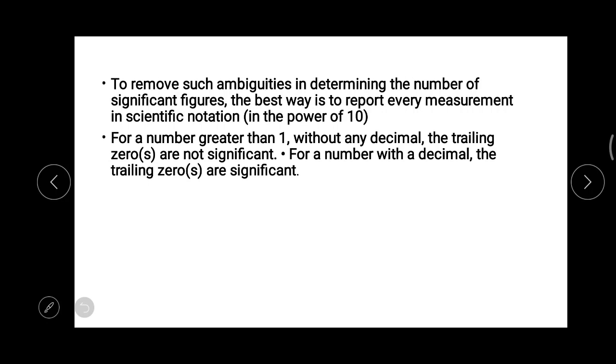If you represent the values in the power of 10, we can reduce the confusion or the complications in the significant figures. As well, for a number greater than 1 without any decimal, the trailing zeros are not significant. As well, for a number with a decimal, the trailing zeros are significant. That we have already discussed. So these are the major rules that you have to remember regarding the significant figures.